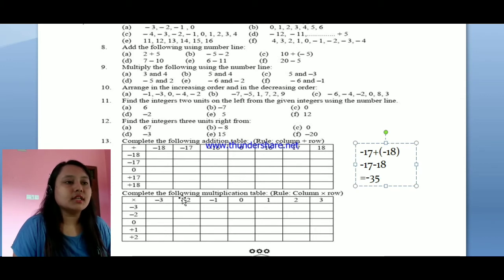Another is: complete the following multiplication table using the rule column into row. Column into row means, first of all we have to look at the column, then the row. Row means this one, right? Here various columns are there. Columns means a vertical line, and row means a horizontal line.